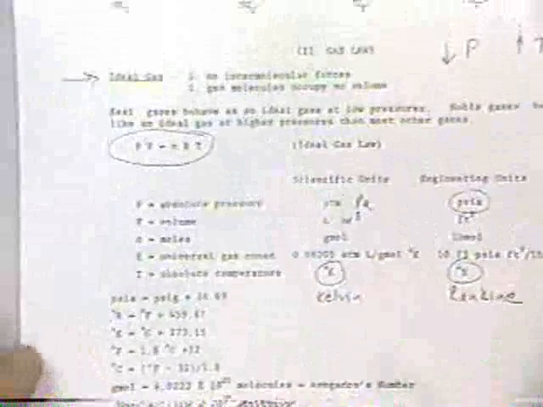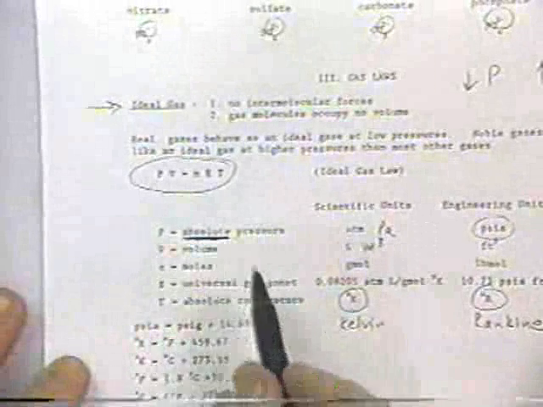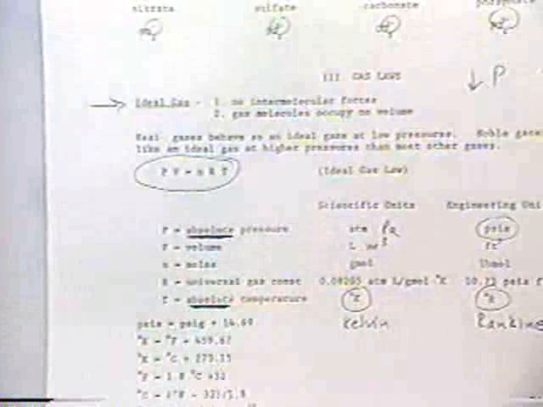Now, let's talk a bit about some common problems when using the ideal gas equation. I'd like you to notice that the pressure must be the absolute pressure, and the temperature must be the absolute temperature. And what we mean by that is, let's think about pressure for a moment.